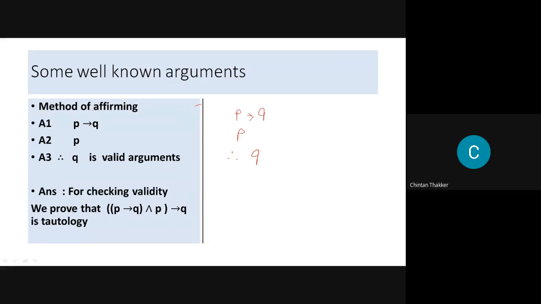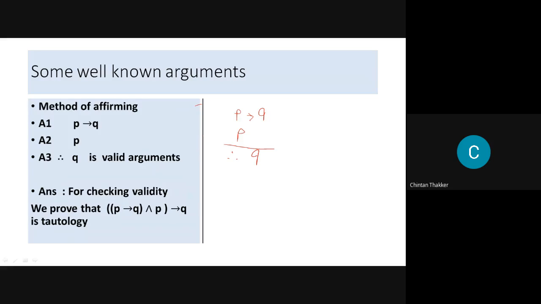It is not given in an examination. Mostly in examinations the arguments are expressed this way, or in some books they express it by just making one straight line between the conclusion and the premises.